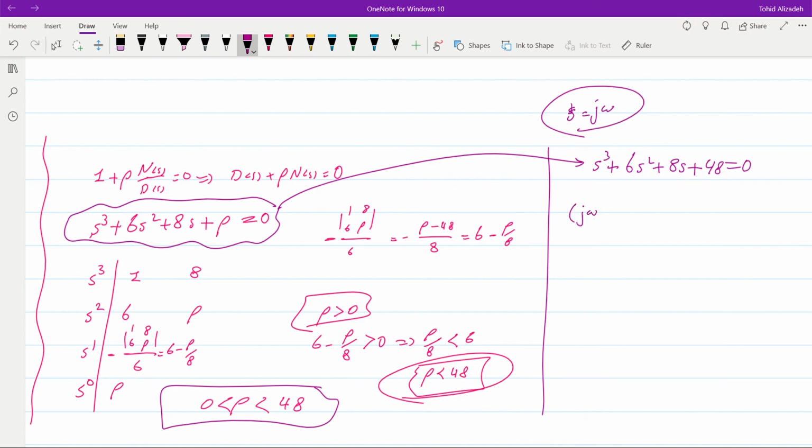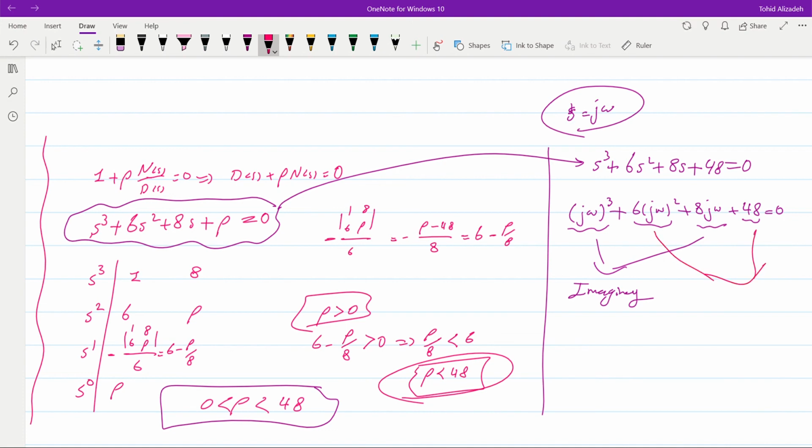So we will have j omega to the power of 3 plus 6 times j omega squared plus 8 times j omega plus 48 equal to 0. J omega to the power of 3 and 8 times j omega will have imaginary parts, and 6 times j omega squared plus 48 will have pure, let's say, real values. 6 times j omega squared is equal to minus 6 omega squared plus 48 equal to 0.